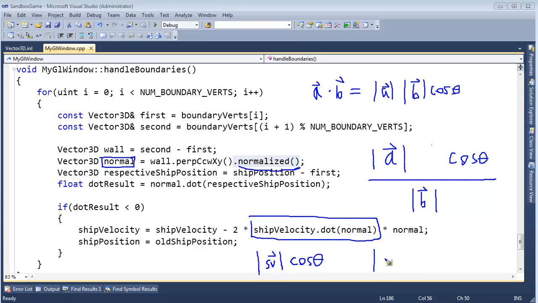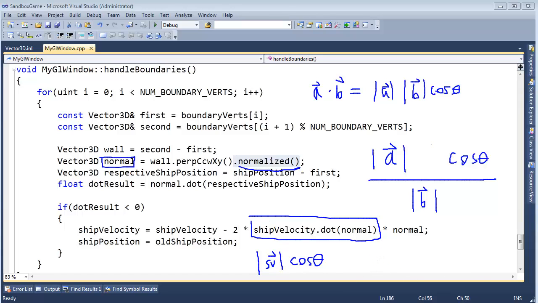I could say it's the magnitude of the ship velocity times the magnitude of the normal times the cosine of theta. But if you remember, this little caret thing right there means n's length is 1, so that's the same as multiplying by 1 here. And all we're left with is the magnitude of the ship velocity times the cosine of the angle between the two vectors, which is what we want. This is what we got over here. Okay, that's why we did the normalized thing.